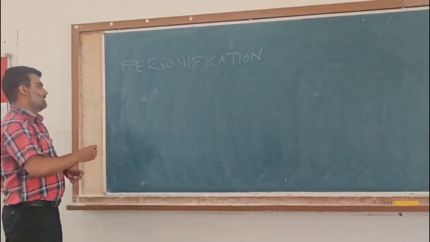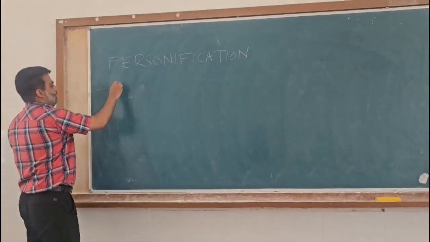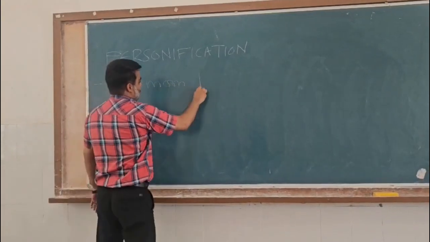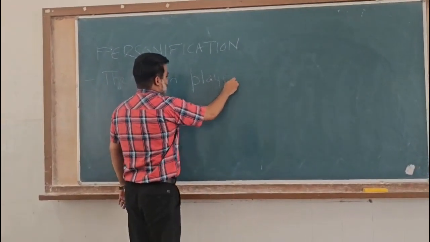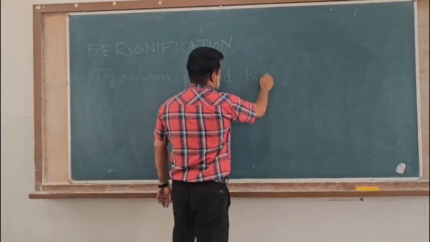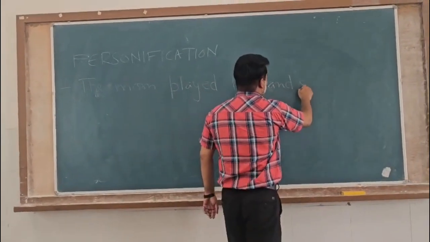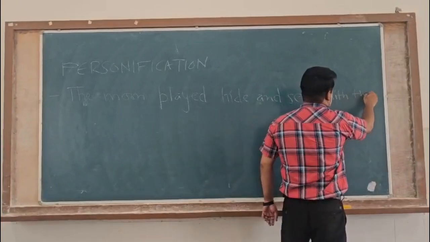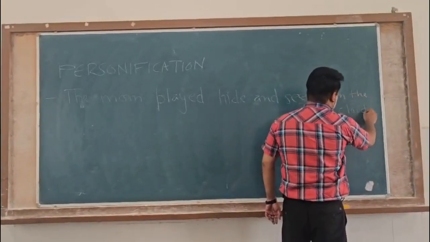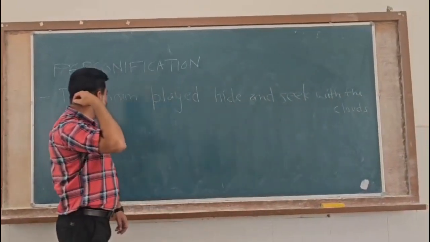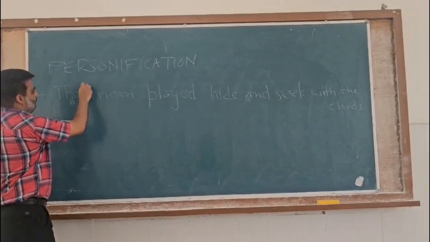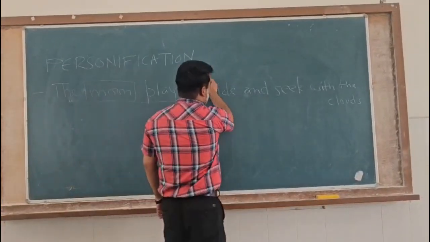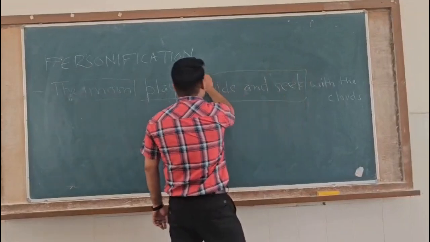So, for example, if we say the moon played hide and seek with the clouds. So here we could easily see that the moon, which is a non-living object, is playing a game. It is playing hide and seek, which is a game.